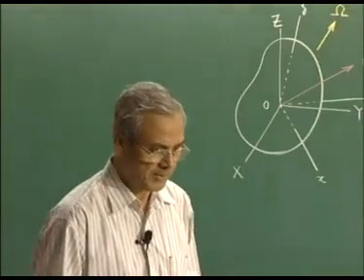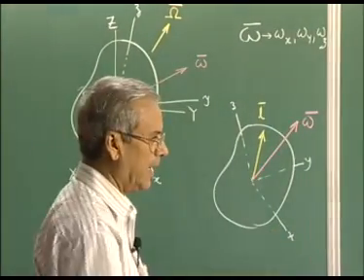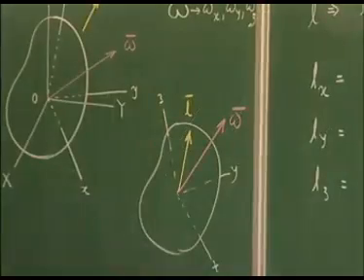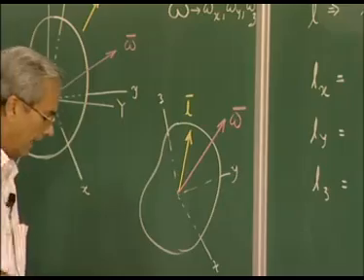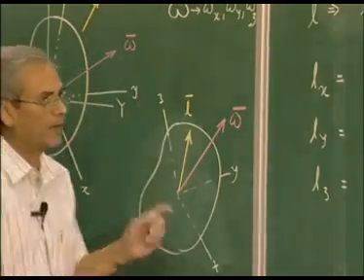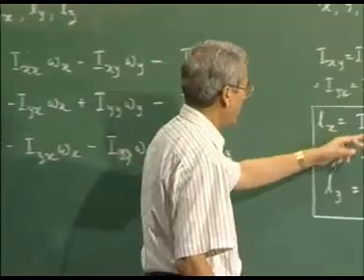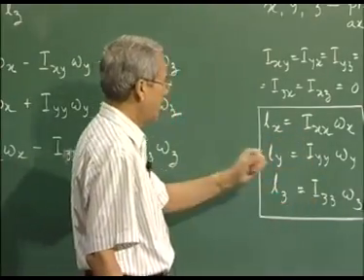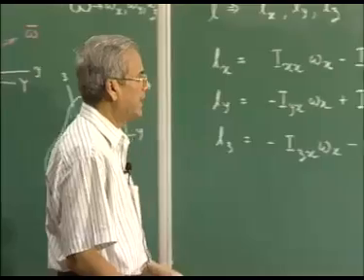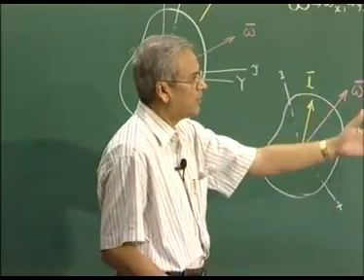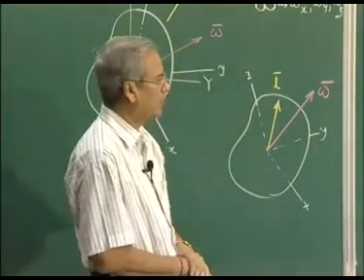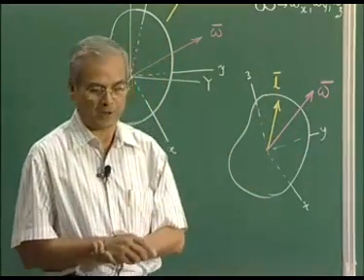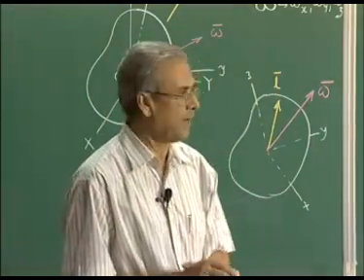There we have seen the angular velocity vector and the angular momentum vector generally coincide, but in this case they are not coinciding, except for the situation where all the principal moments of inertia are the same, then only Lx, Ly, Lz components will be proportional to omega x, omega y, omega z, which means that both the vectors will be along the same direction, but in general it does not happen so.